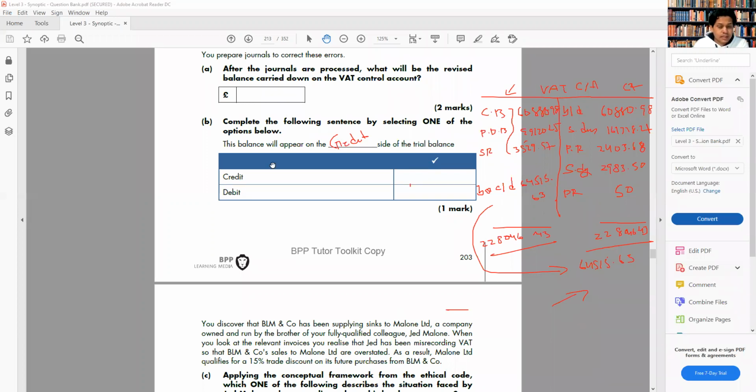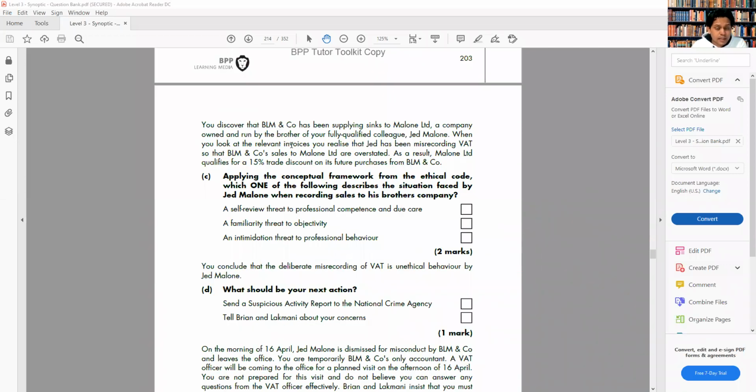The next one says you discovered that BLM and Co has been supplying zinc to Melon Limited, a company owned and run by the brother of your fully qualified colleague Jed Malone. When you look at the relevant invoice, you realize that Jed has been misrecording VAT so that BLM and Co sales to Malone Limited are overstated.